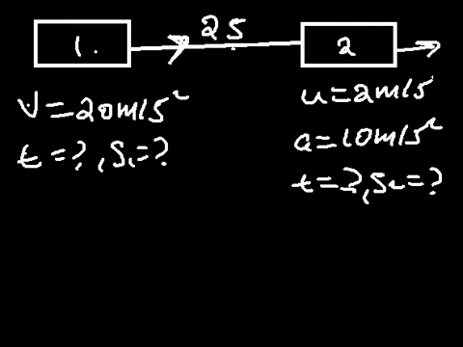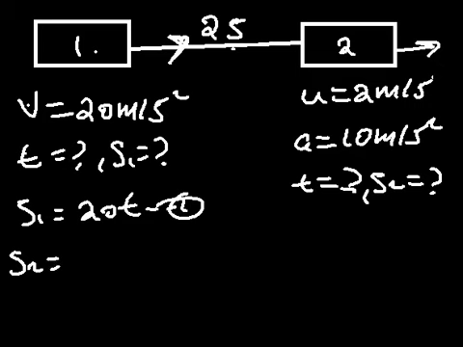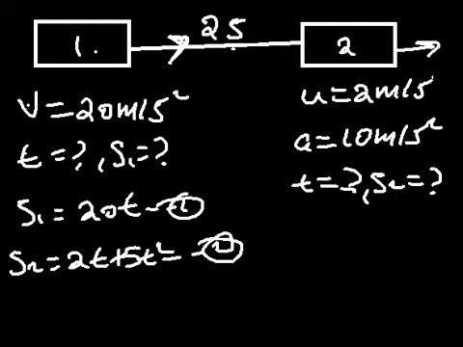But what is the principle behind this? S1 will be given as 20t. That is equation 1. And S2 will be 2t plus 5t squared, given as equation 2.